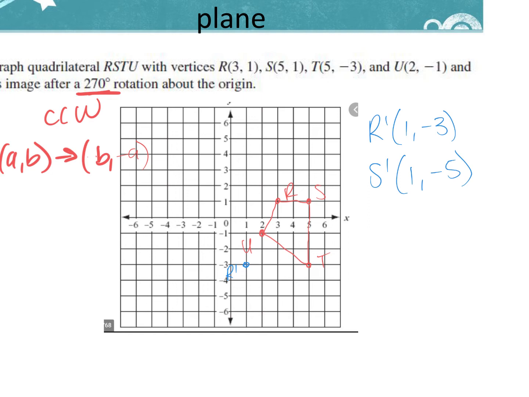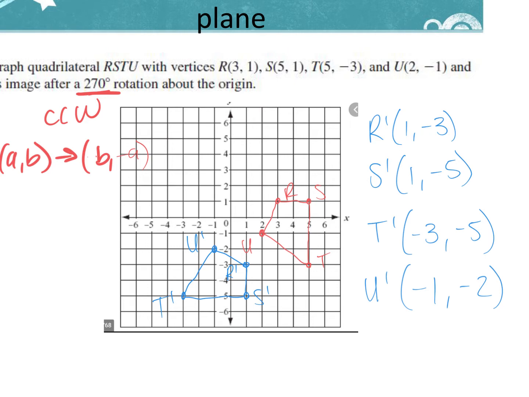So go 1, -5, put S prime. T prime. -3, -5. That was T prime. And U prime, the last one, peeps. -1, -2. Label them, people. That's very important, okay?